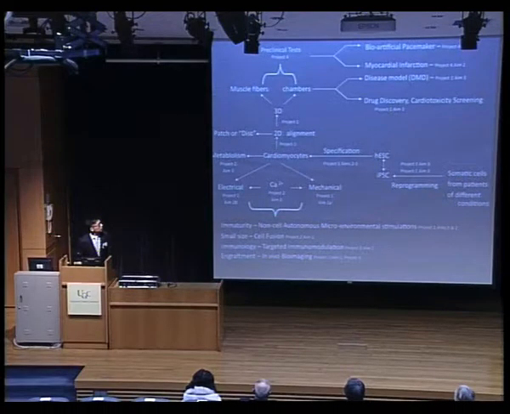These single cells can be put together as two-dimensional constructs that we call cardiac patches or discs, or even three-dimensionally as muscle fibers or chambers. With such constructs, we can model diseases such as Duchenne muscular dystrophy, and also use them for drug discovery and cardiotoxicity screening, meaning that we're using these as in vitro diagnostic tools.